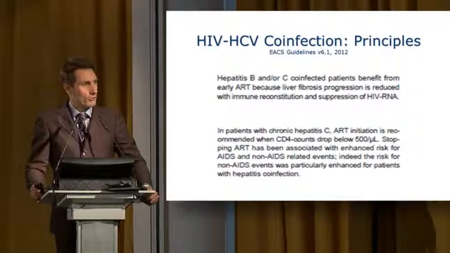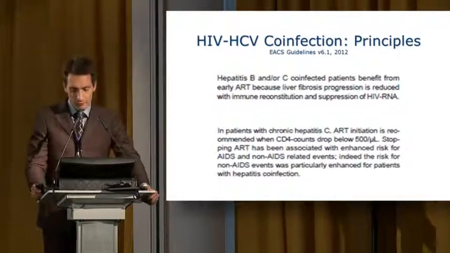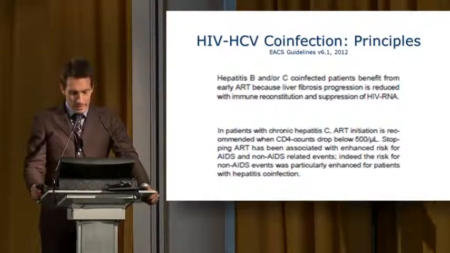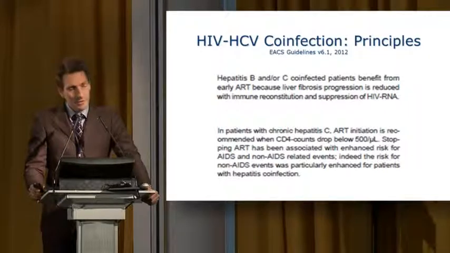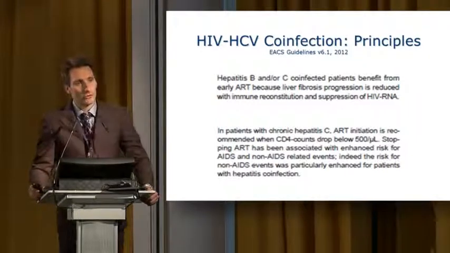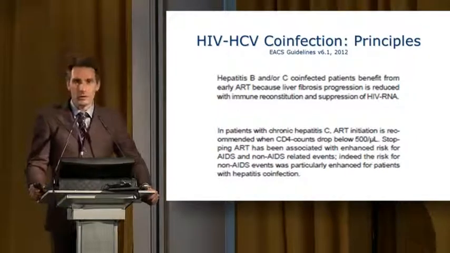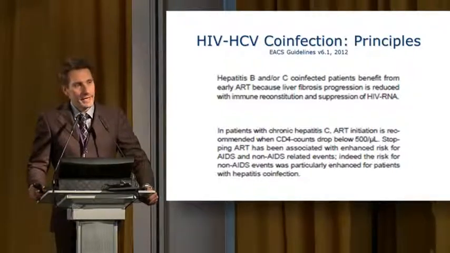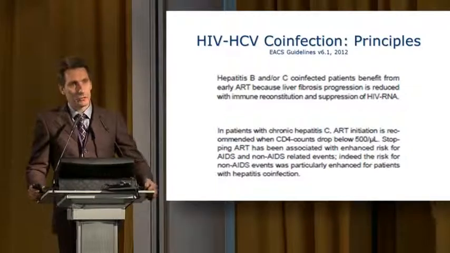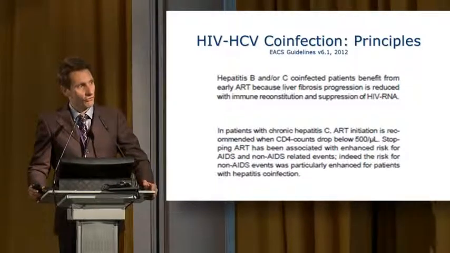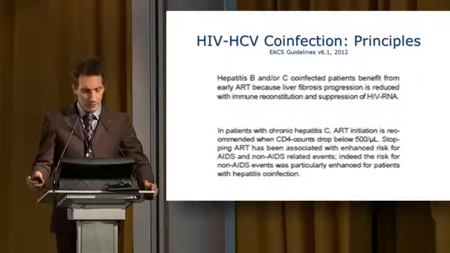In patients with chronic hepatitis C, ART initiation is recommended when the CD4 count drops below 500 per microliter, and stopping ART has been associated with an enhanced risk for AIDS and non-AIDS related events. That is why people don't want to stop antiretroviral treatment when they treat for hepatitis C. And that's one of the reasons why, when we talk about DAAs, we have to talk about drug-drug interactions, because they become very important in this population.